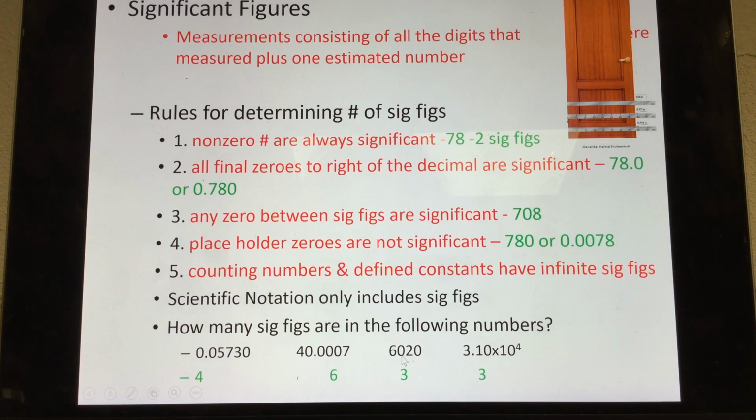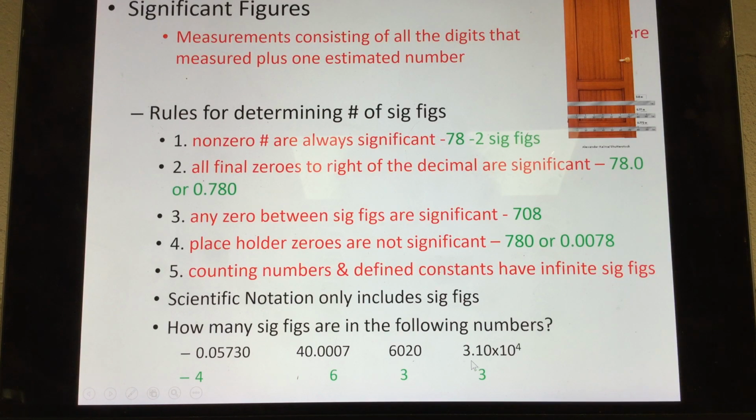This 0 here in the middle between two sig figs is significant, but this 0 on the end, because there's no decimal, is not significant. So to make that 0 significant, we would need a decimal point right here. So this number just has 3 sig figs, the 6, this first 0, and the 2. And this 0 is here just to put those 3 values in their correct placeholders.